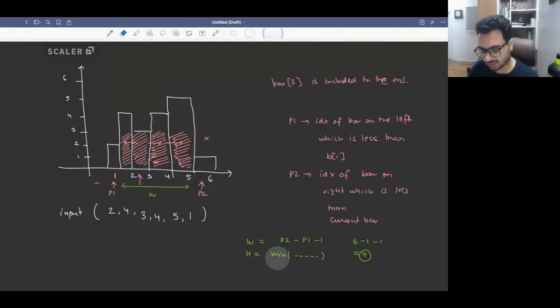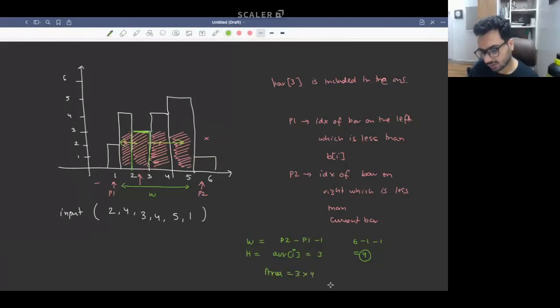Current bar. That's correct. So it is nothing but array of i. Why? Because we are moving in a way such that we are ensuring the bars which are included have at least this much height as the current bar. Right? So I know the height of the ith bar is 3, and the width is 4. So the area is nothing but 3 into 4.